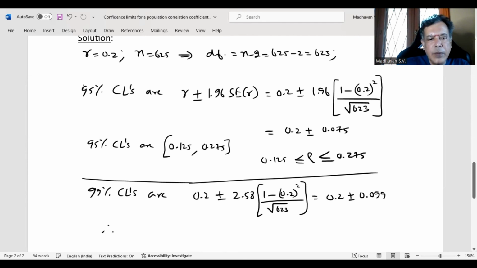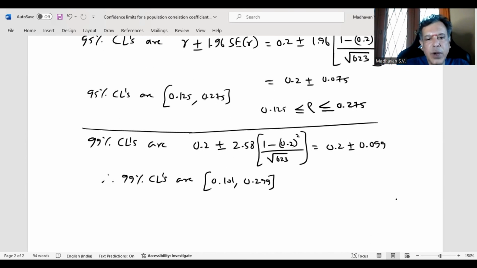So therefore, the 99% confidence limits are 0.2 minus 0.099, which gives us 0.101, and if we add, it is 0.299. This indicates that our rho value, the population correlation coefficient, lies between 0.101 and 0.299. That will be the solution for this particular question.